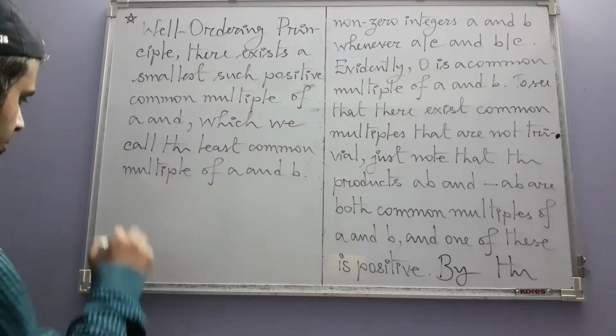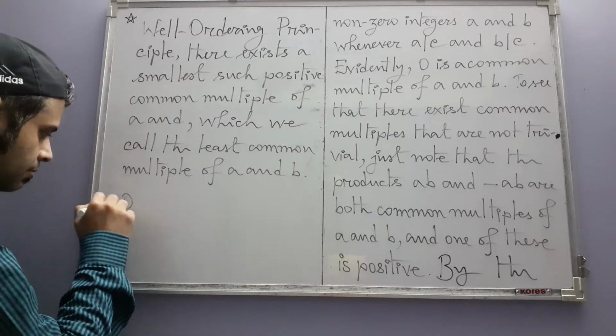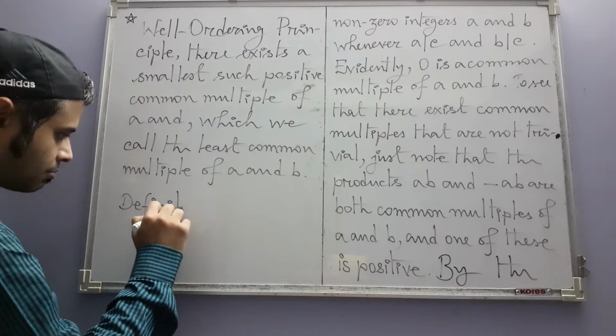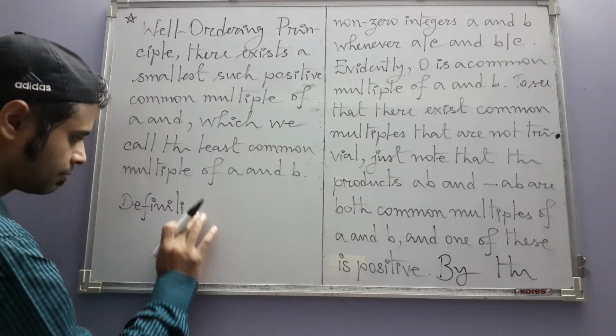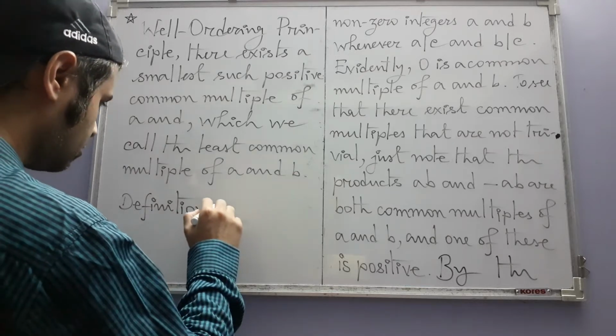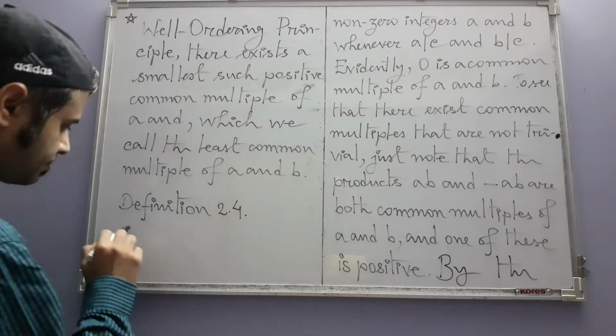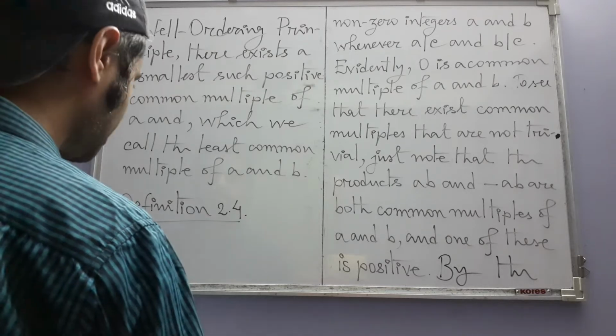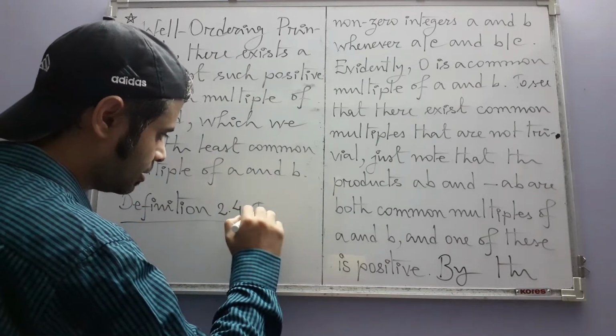And here next, that same thing is given in the form of a formal definition. This is definition 2.4. The least common multiple of two non-zero integers.